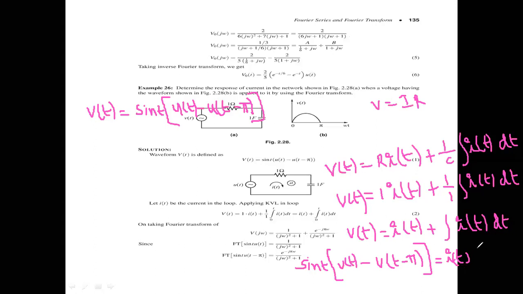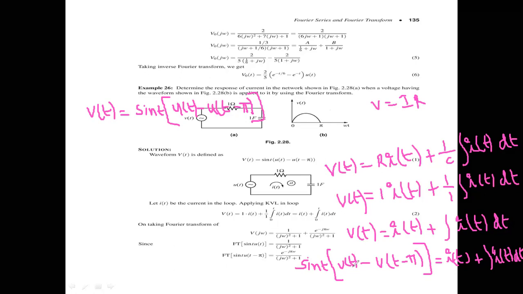Now listen carefully, my dear students, I of t plus the integral of I of t dt. Now I am taking the Fourier transformation. First of all, you can see the Fourier transformation of the left hand side. We need to determine the response of the current for the given voltage. We'll explain on the whiteboard, my dear students.